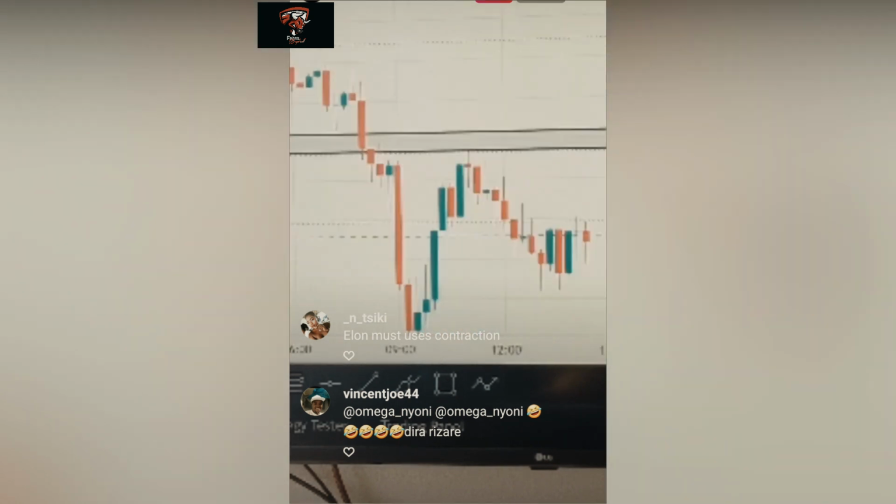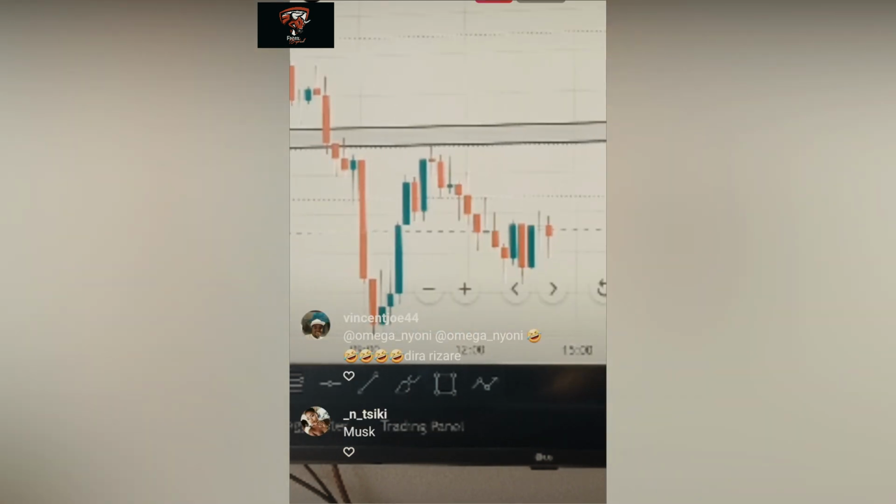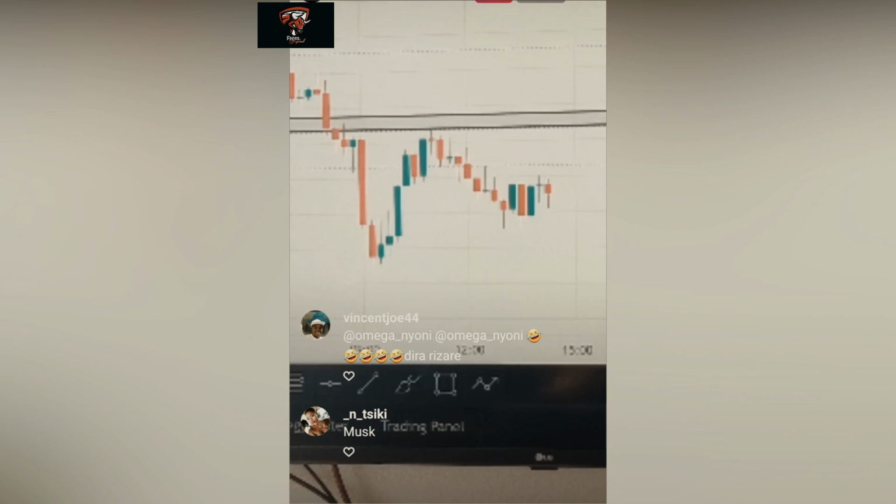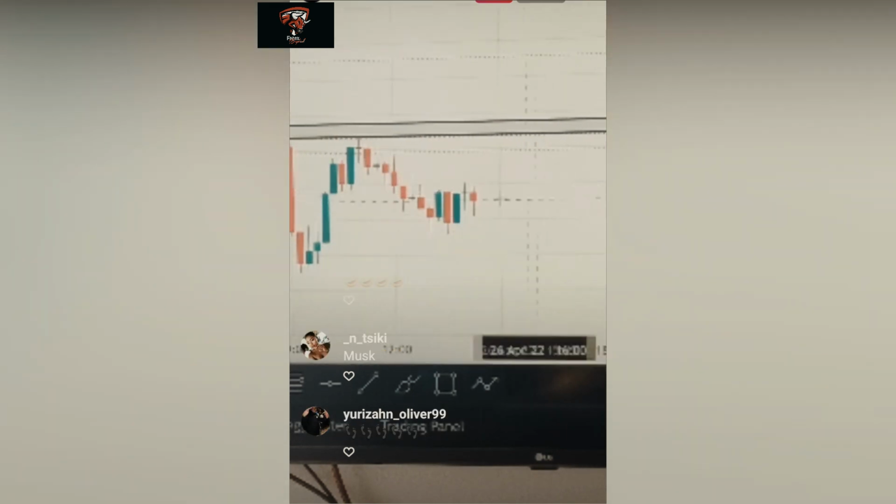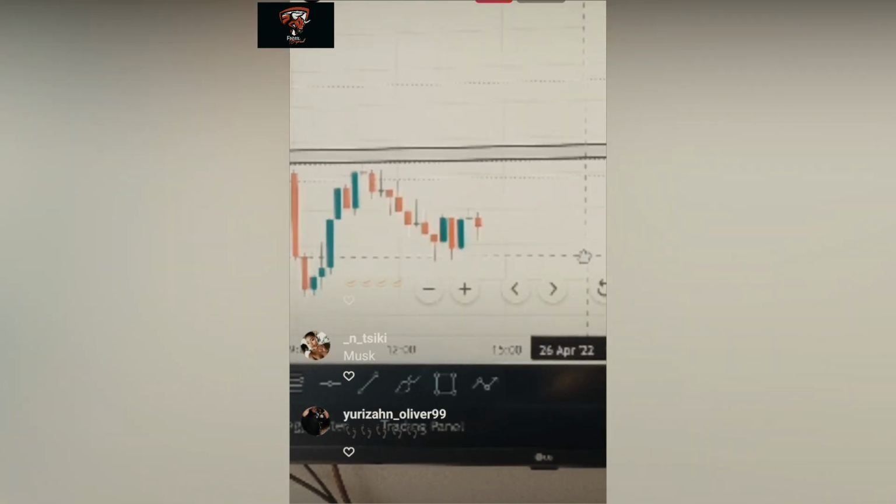Okay, so this is no longer a contraction box. It's been invalidated. Now, because you guys know so much, why is this no longer a valid contraction box? What invalidated it? Come, Mr. Smarty Pants. Come on. Tell me. Something invalidated it.